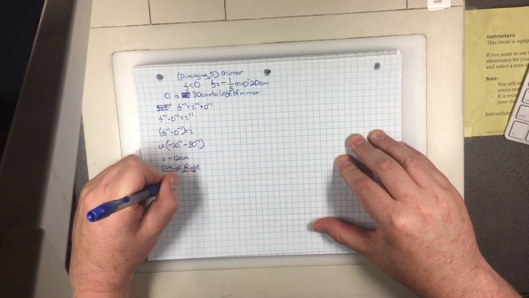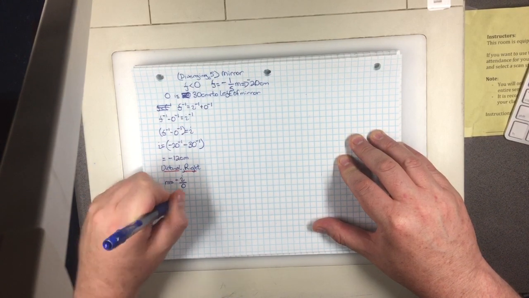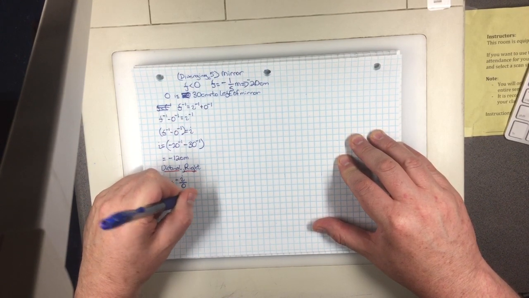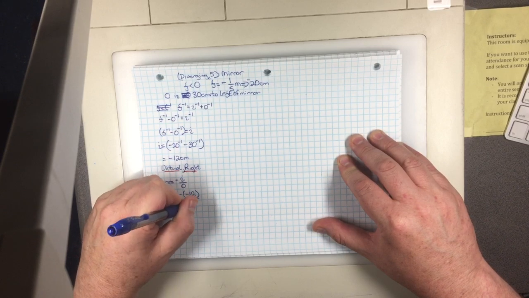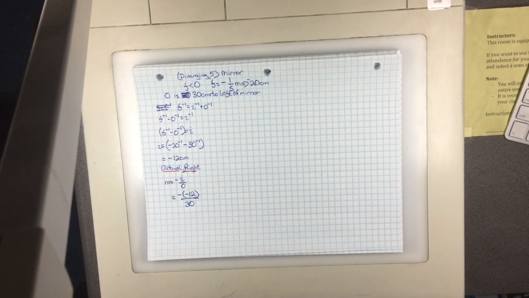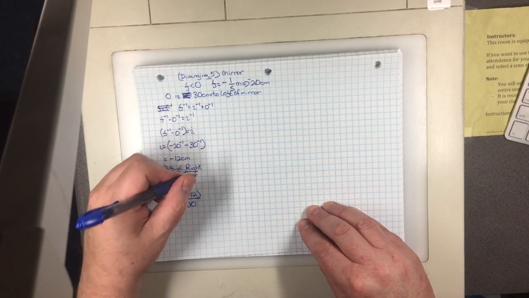Magnification, negative I over O, which means this is negative -12 over 30, which means that magnification is 6 over 15, or 2 over 5, or 0.4.